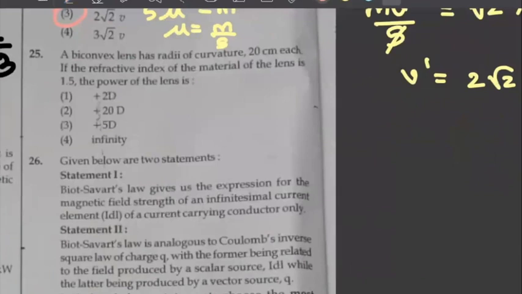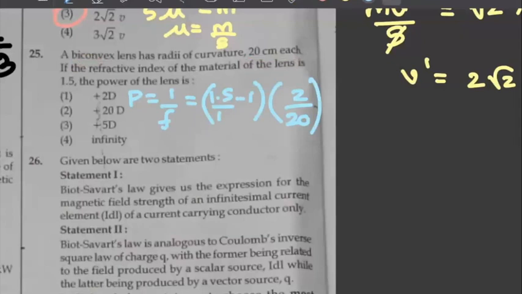Okay, next one. A biconvex lens has radii of curvature 20 centimeter each. So it's equiconvex, biconvex, so 20 and minus 20 we can take. The refractive index of the material of the lens is 1.5. So that's mu. Power of the lens is basically 1 upon f, and we know the formula is mu2 upon mu1 minus 1, into 1 by r1 minus 1 by r2. Substituting the values, it's 1.5 upon 1 minus 1, so that's 0.5 into 1 by 20 plus 1 by 20, which is 2 by 20.